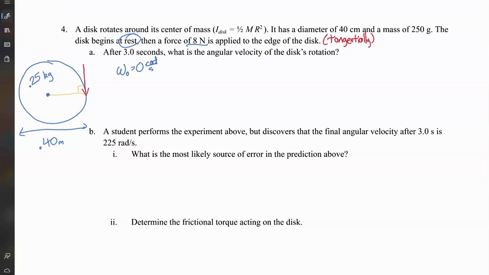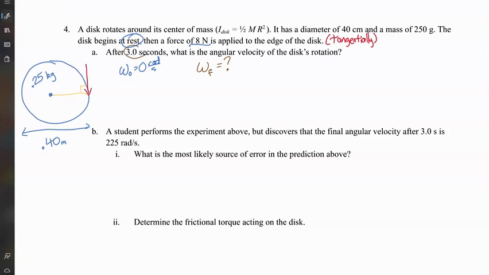After 3 seconds, what is the angular velocity of the disk's rotation? So we're looking for omega final. Well, we're given a force and a time, and you're looking for velocities.